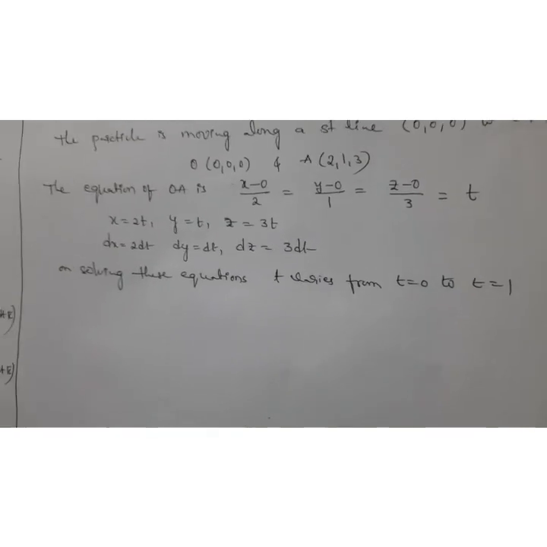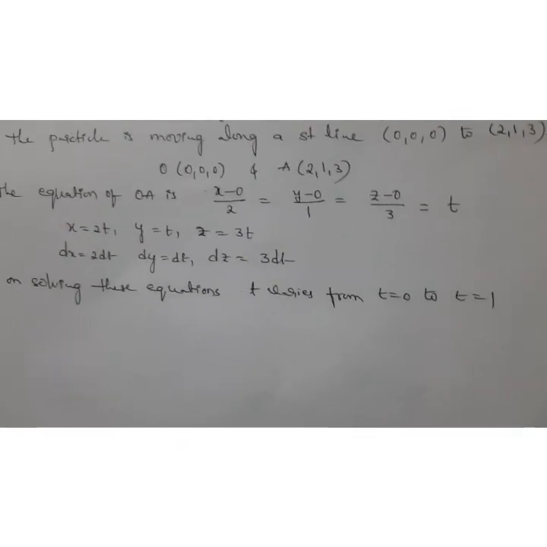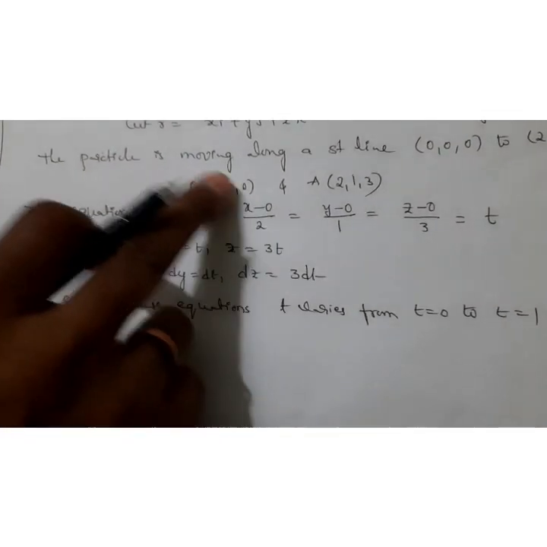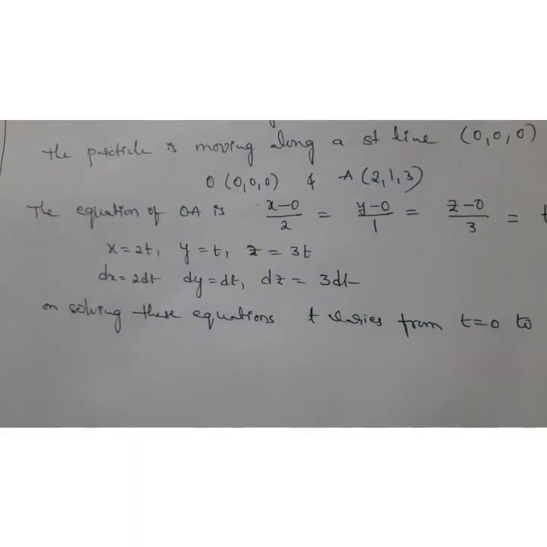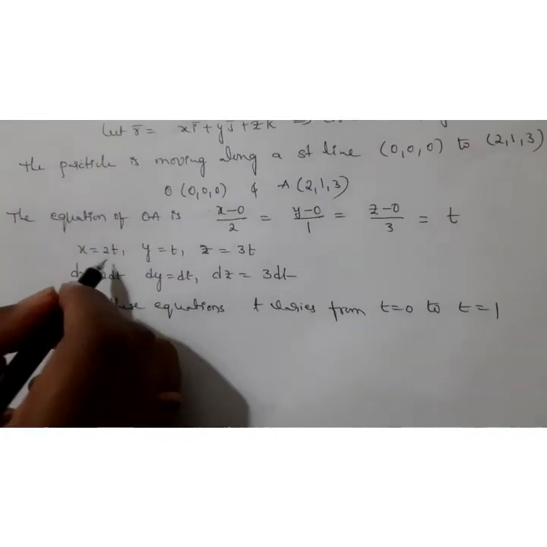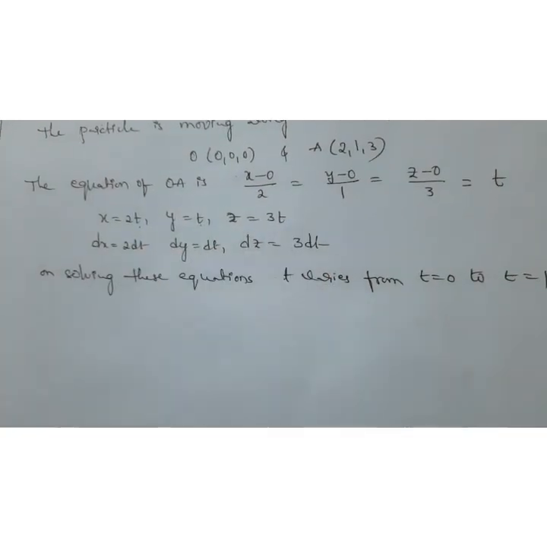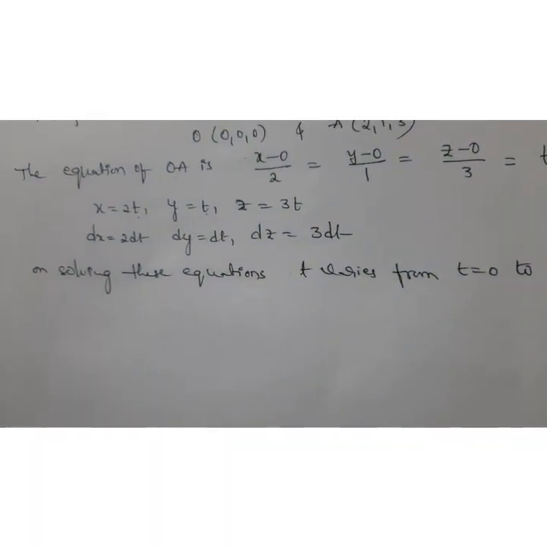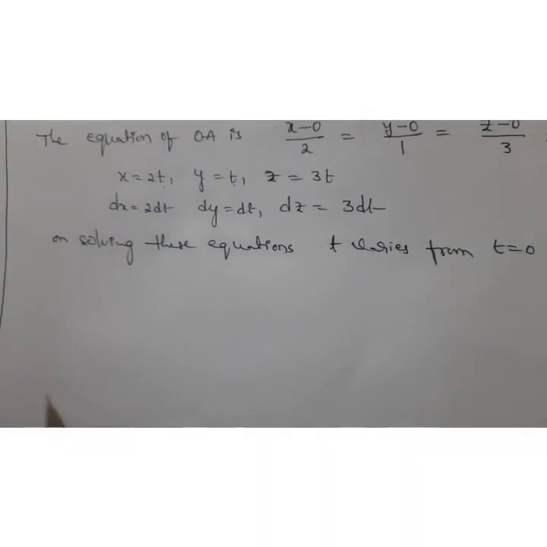Only 0 to 1 satisfies all these equations. When you put t equal to 0, we get the first point 0, 0, 0, and t equal to 1, you get 2, 1, 3. Therefore t varies from 0 to 1.